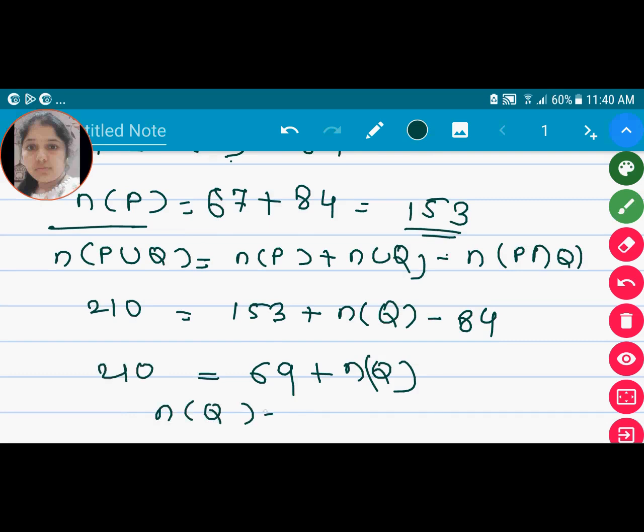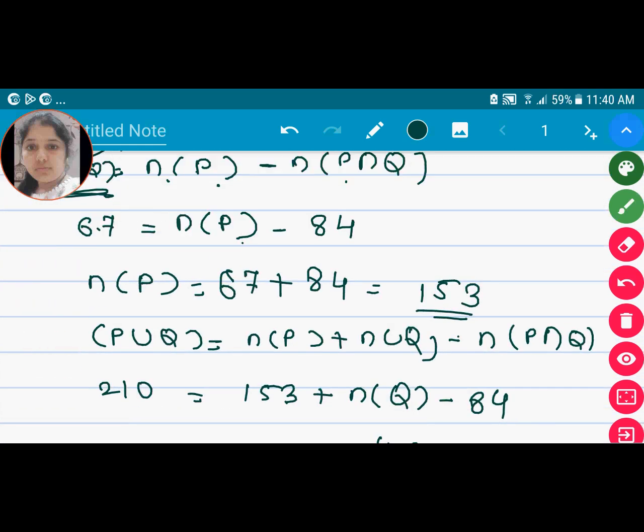So number of elements in Q is equal to 210 minus 69. 210 minus 60 is 150, 150 minus 9, 141 elements are there in Q. 141 is not there in the answer. Something went wrong in the calculation. We'll check.